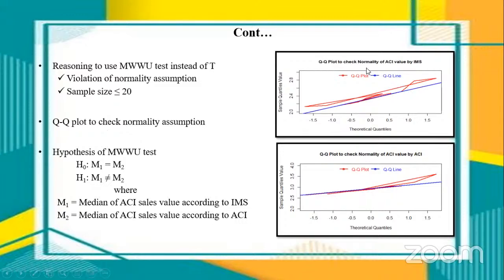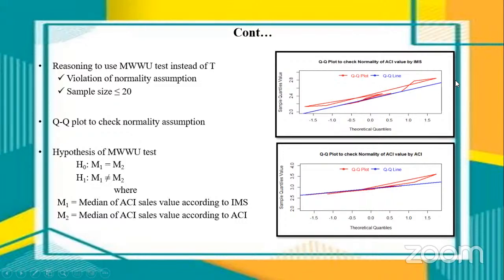According to the QQ plot, the normality assumption check of ACI value by IMS: this plot is from the sales value of IMS. In this plot, the QQ line is blue and the red is the QQ plot.